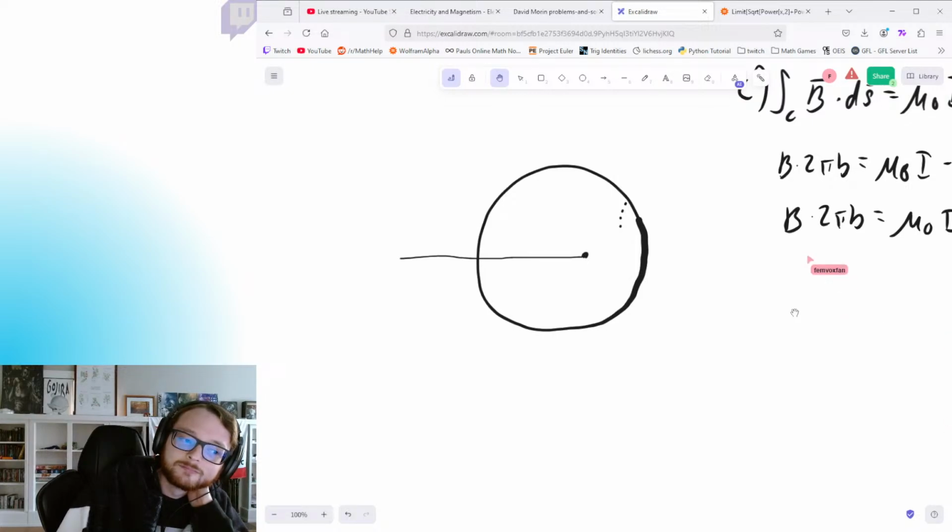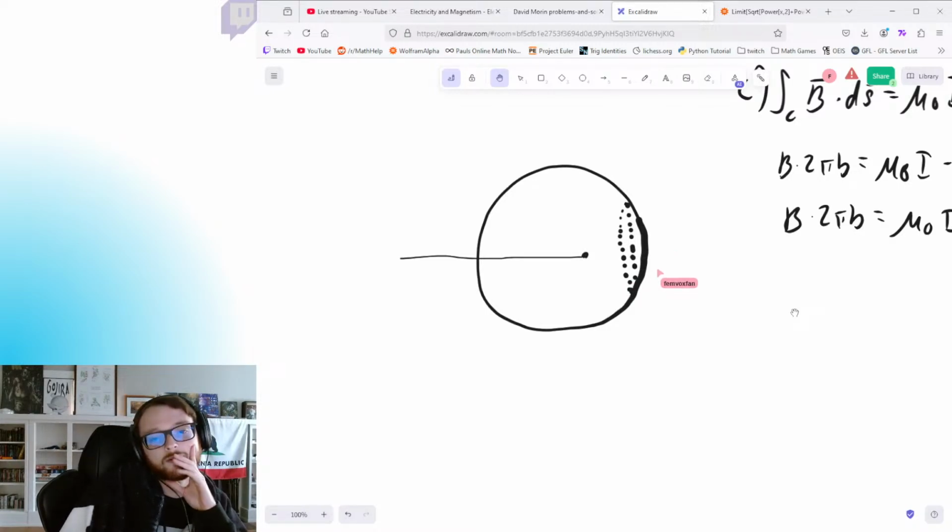Because what I'm thinking is we could think of this as two different parts of the same spherical surface, right? So the dotted circle here is supposed to be the circle we were given, right?